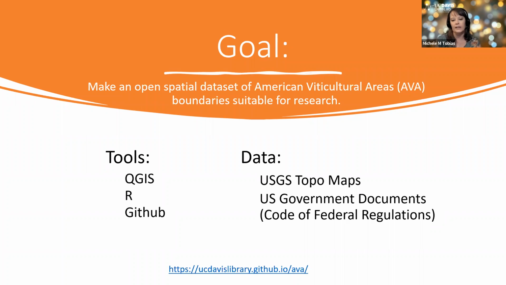The data that goes into these is typically USGS topo maps, and then the US government documents, in particular the Code of Federal Regulations, where those boundary descriptions are published. And the CFR, the federal regulations document, says which topo maps to use in the boundaries. So we follow that as closely as we can.